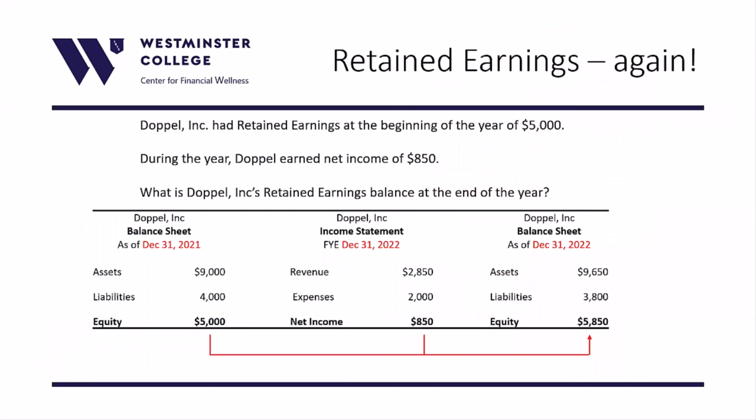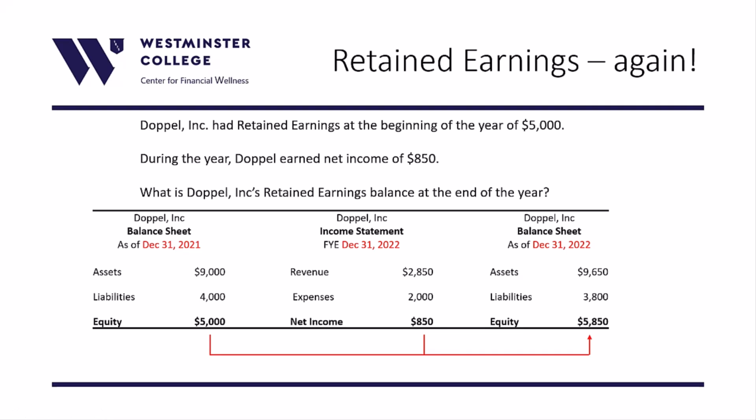All right, one more look at this concept. This one's a more simplified illustration. We can see that the equity section of our little company here on December 31st, 2021 has a balance of $5,000. Okay, so the next year rolls around and we have revenues and expenses, and the net of that, the net income, is $850.